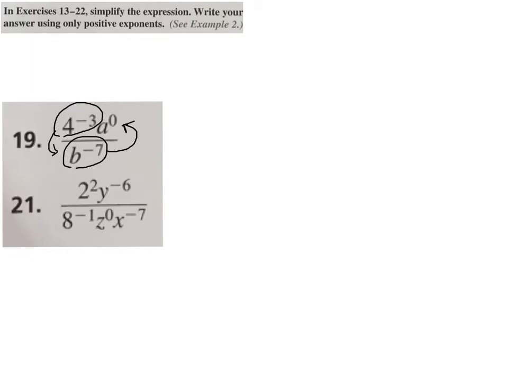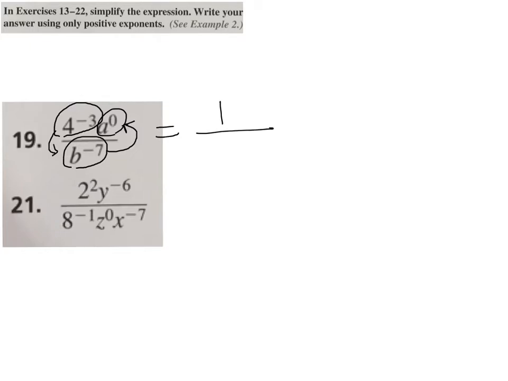Okay, so when I move the 4 to the negative 3 to the bottom, all that does is make the exponent positive. And when I move the b to the negative 7 to the top, all it does is make this exponent positive. Now, a to the 0 is what? Right, it's 1. So a to the 0 is 1, okay?